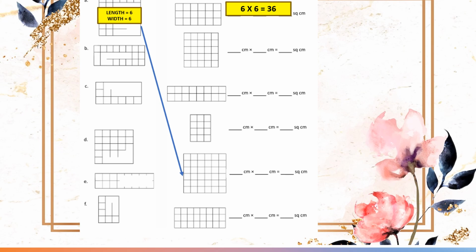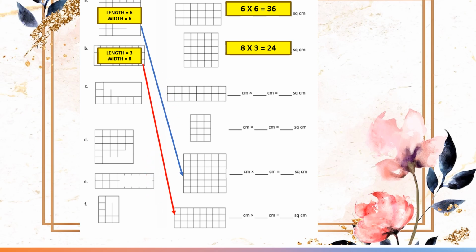Okay, now let's look at array B. The length was 3 and the width was 8. And the equation was 3 times 8 equals 24, or 8 times 3 equals 24. And the array that matches that one is the very last one, or the 6th array.